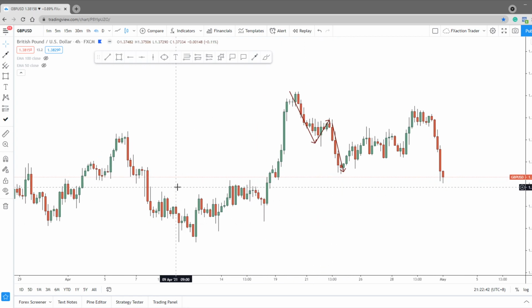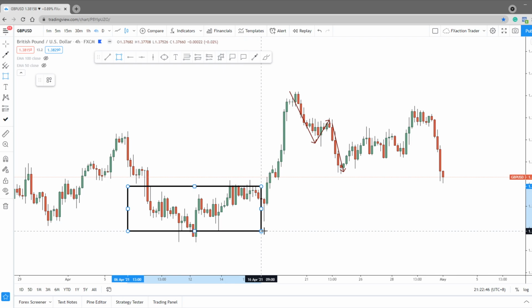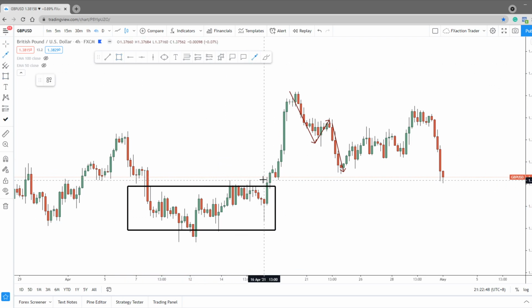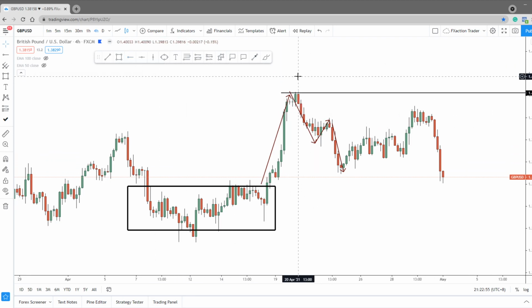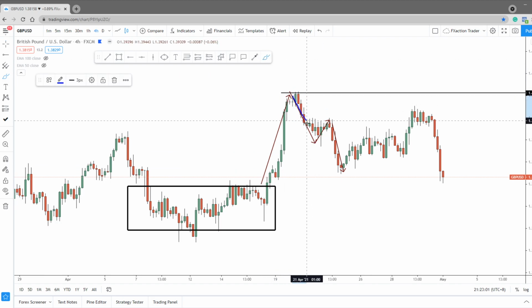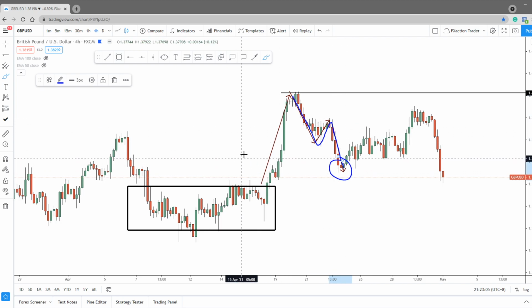All right, this is a sideways movement. We can see that the market moves sideways, and then the market attempts to push up further, but it was not able to create a new high after this high was created, and there was a downward movement and a new low was created.